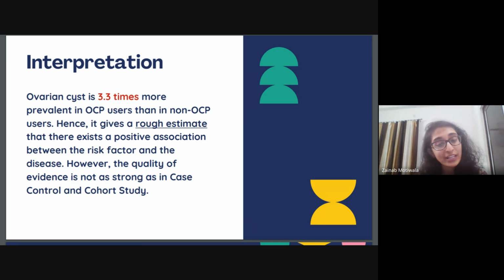However, I would like to stress that this evidence of a relationship between OCP usage and ovarian cyst formation is not as strong as in a case control study or a cohort study, since we're looking at both the disease and the exposure at that particular period of time. So there is not a lot of information available, due to which this association, even though it does suggest some association, is not the most accurate one.